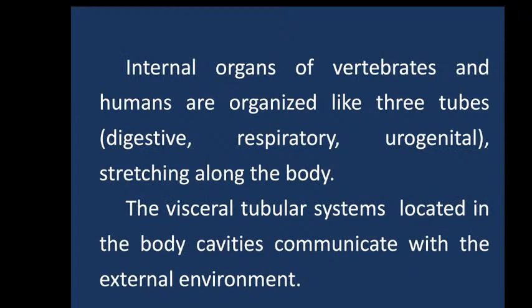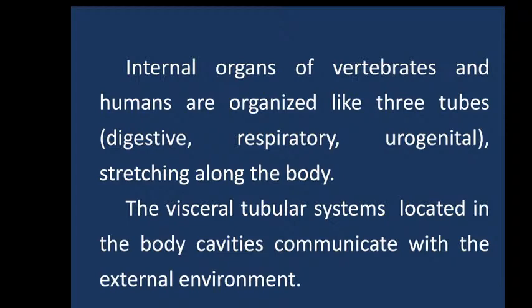One of the common features of internal organs of vertebrates, as well as of humans, is that all internal organs are organized like tubes. Usually we talk about 3 tubes.